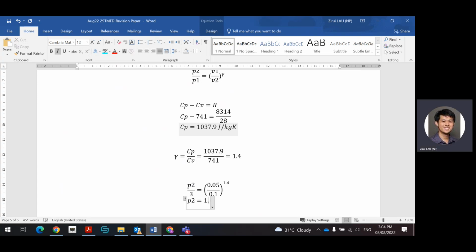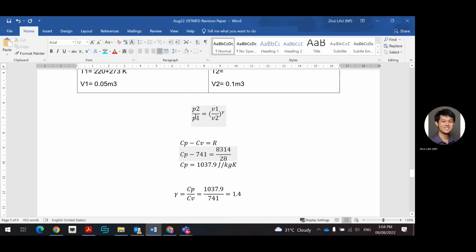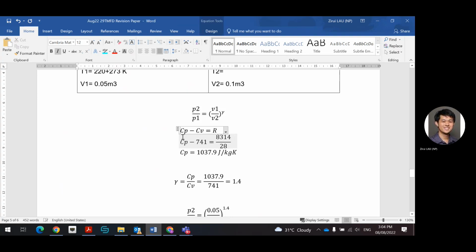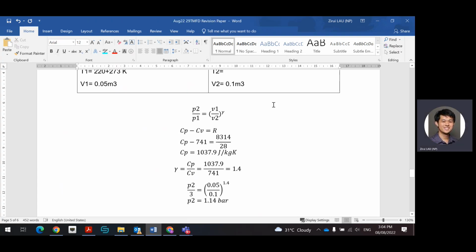So P2 is 1.14 bar. Because for P1 we use 3 bar, when we get the P2, it will always also be in bar. Okay, so there's a huge chunk of processing you need to do. So P2 is 1.14 bar.